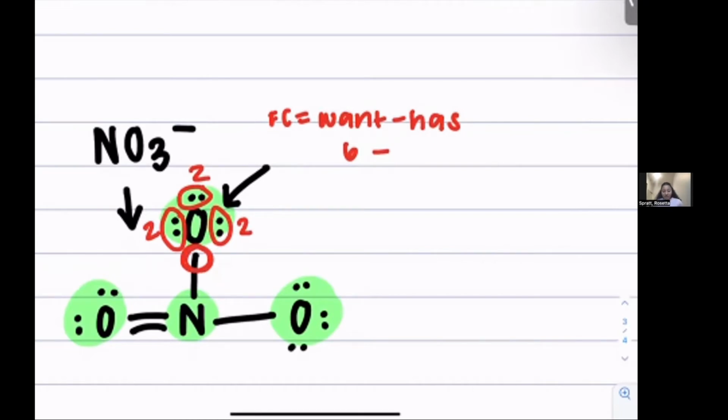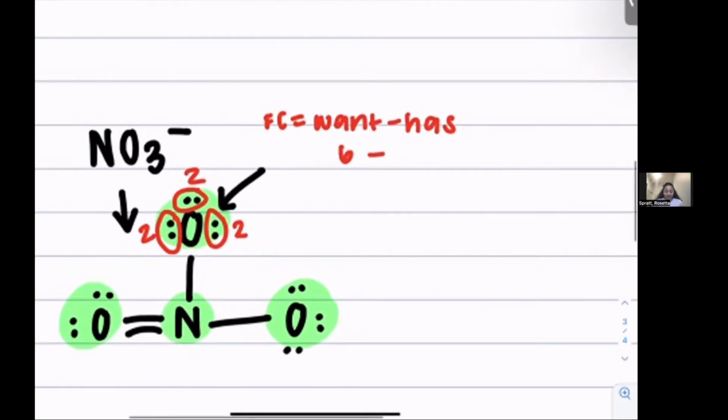Since this isn't a lone pair and it's being bonded to nitrogen, this is only 1 electron here because the other electron is shared by the nitrogen. So whenever you see a bond and it's not a lone pair, it's only 1, it's not 2. So we have 2 plus 2 plus 1 plus 2, which is 7. And that gives us the formal charge on that specific oxygen. So 6 minus 7 is -1.